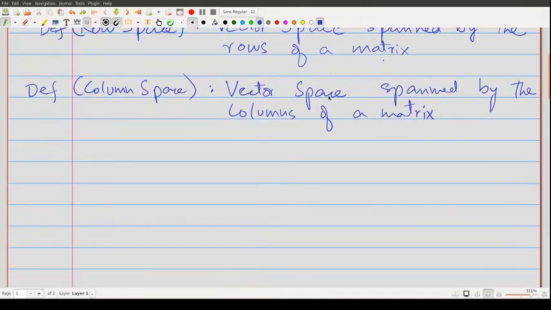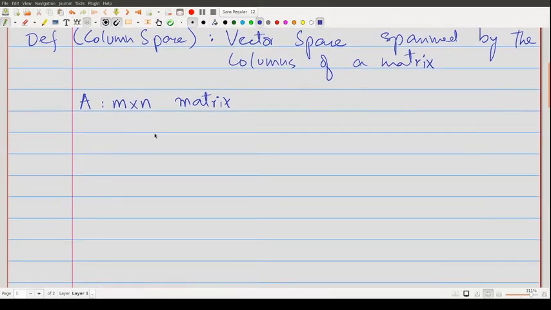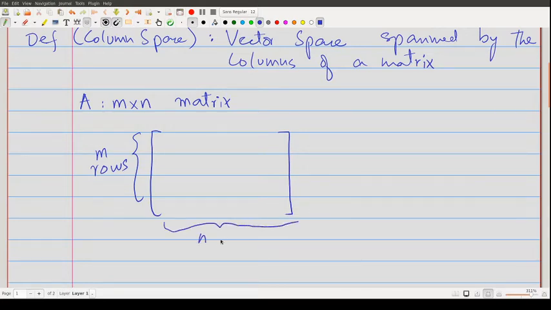Okay. So here we go. Let's suppose you have an m by n matrix, and so it has, let's suppose, m rows and n columns.